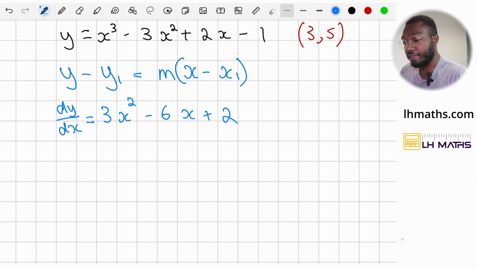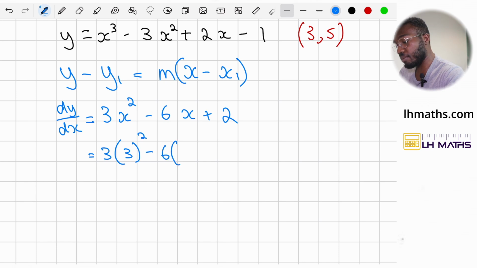Now that we've got that, we need to plug in our x value. So that would be 3 times 3 squared, minus 6 times 3, plus 2. 3 times 3 squared is 3 times 9, which is 27, minus 6 times 3 is 18, plus 2.